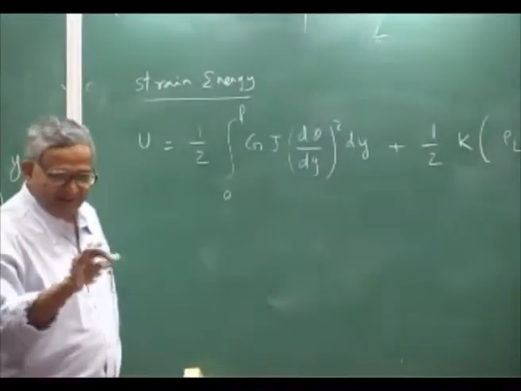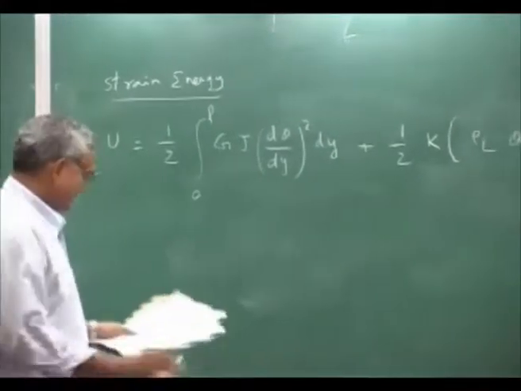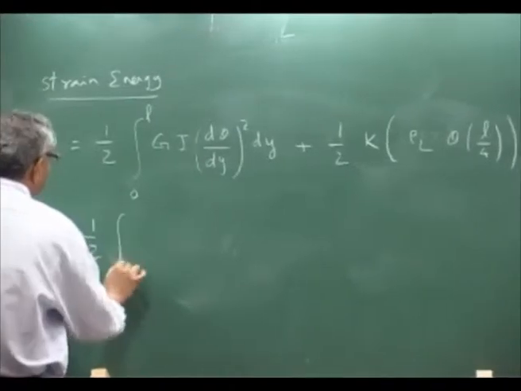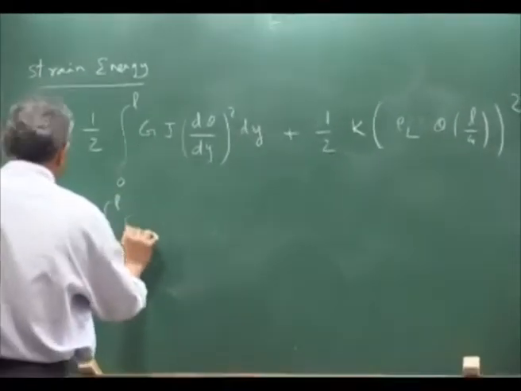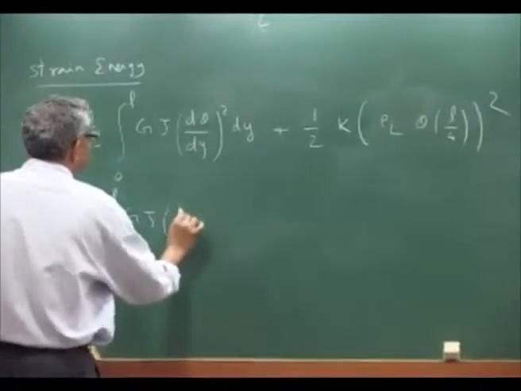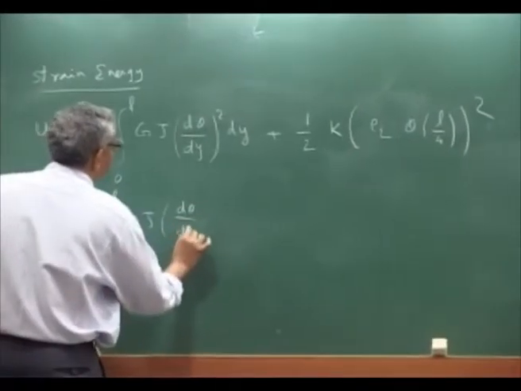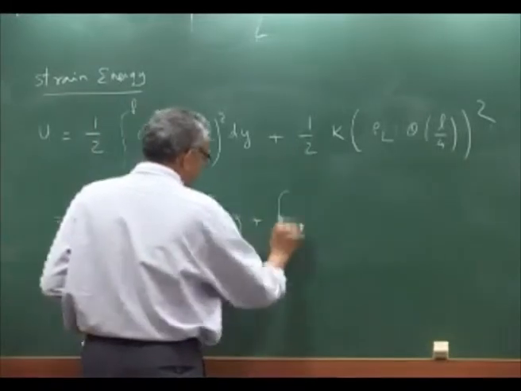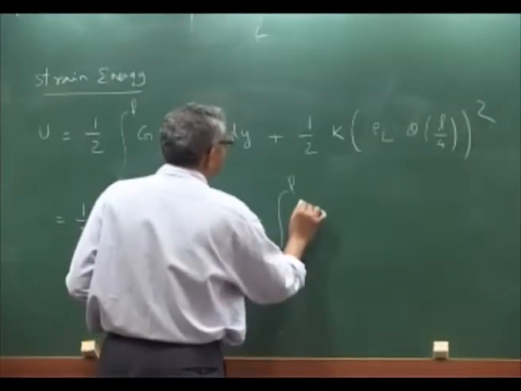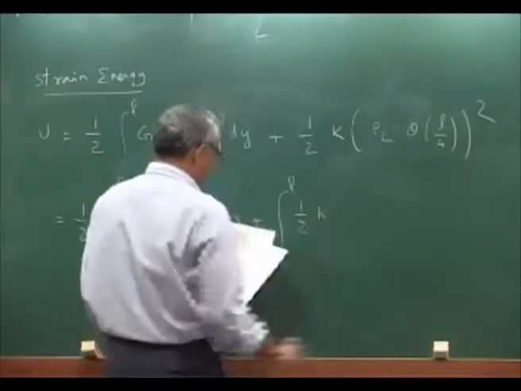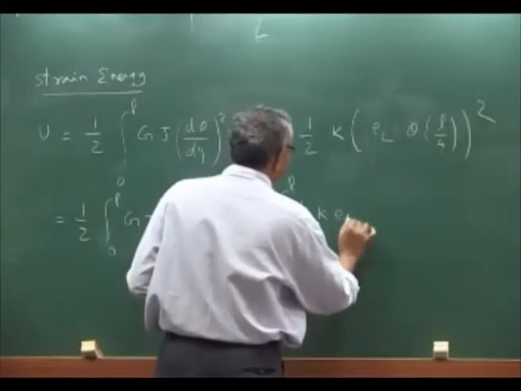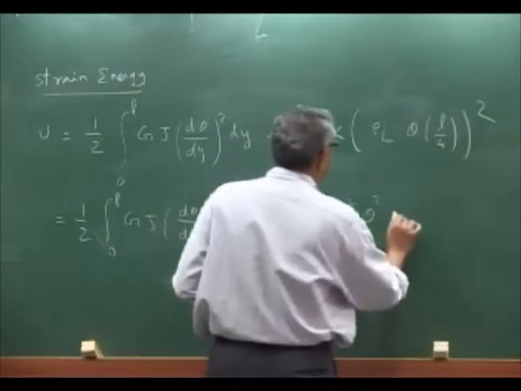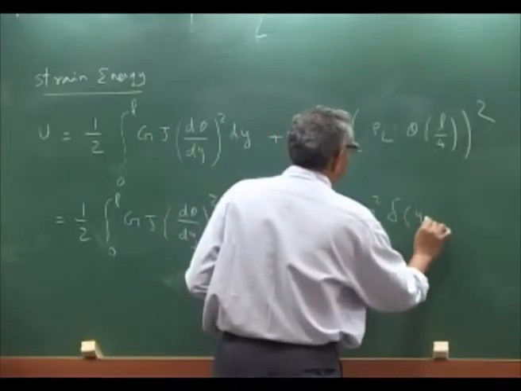Now I can modify this a little bit, just for convenience. I am writing it as half integral 0 to L GJ (d theta by dy) whole squared dy plus this also I am writing as K EL squared theta squared into delta(y minus L by 4).